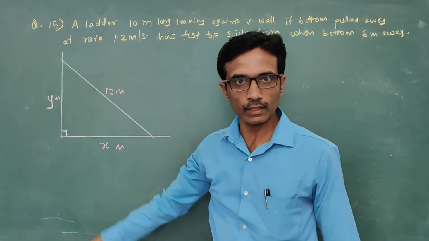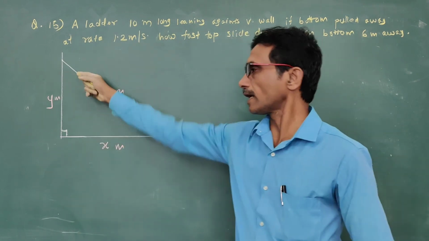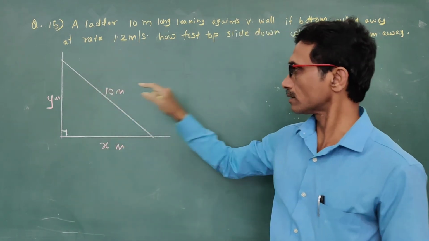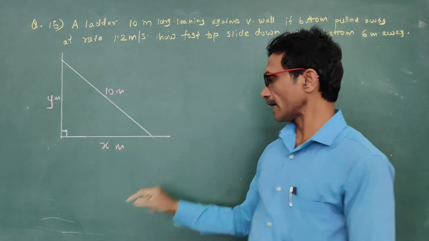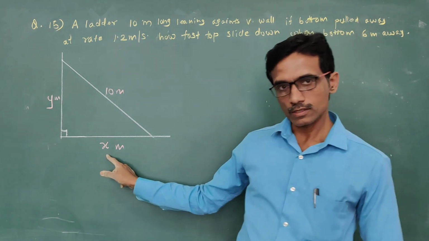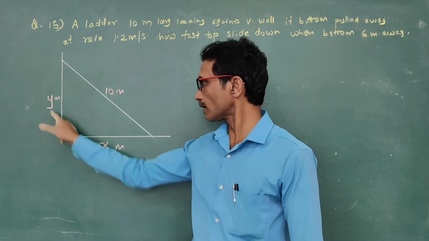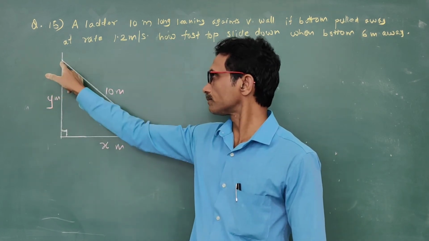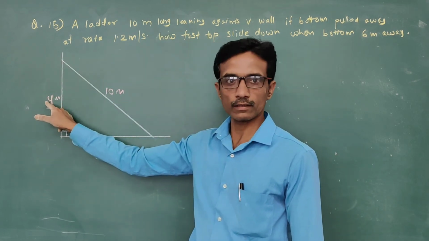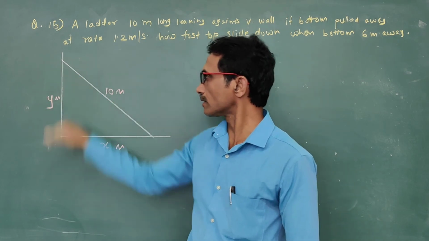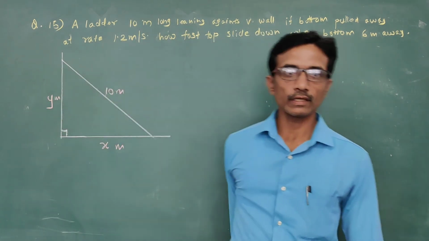This is a vertical wall, and here is a ladder of 10 meter long. Suppose in time t, the bottom is x meter away from the vertical wall, and the top of the ladder is at height y meter on the wall.